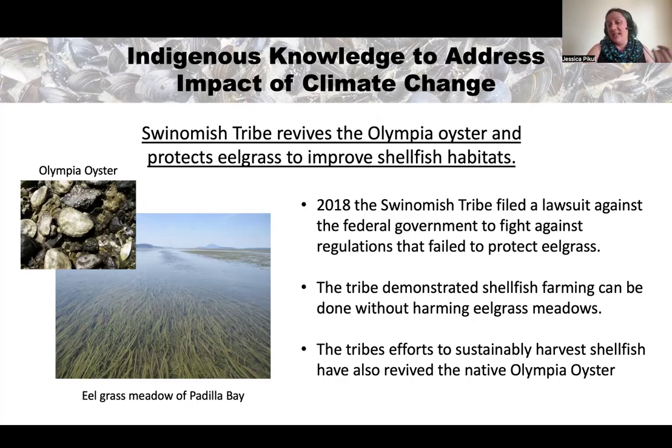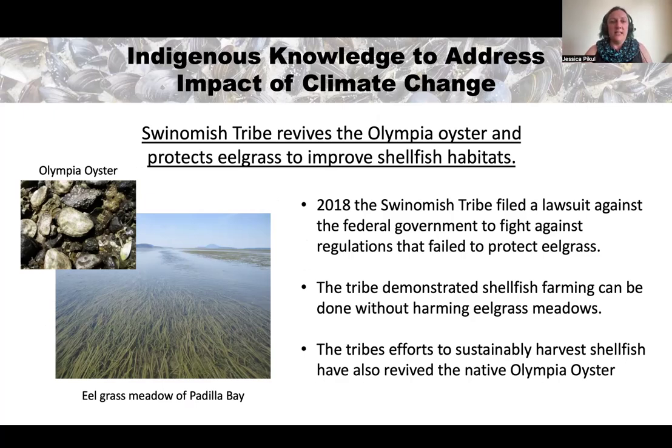And actually, in 2018, the Swinomish tribe filed a lawsuit against the federal government, fighting against the failure of regulatory powers to protect eelgrass meadows. And now we see all along the Salish Sea coast that there are protected eelgrass meadow spaces, and we are working to revitalize our eelgrass meadows and help them grow and grow and grow.